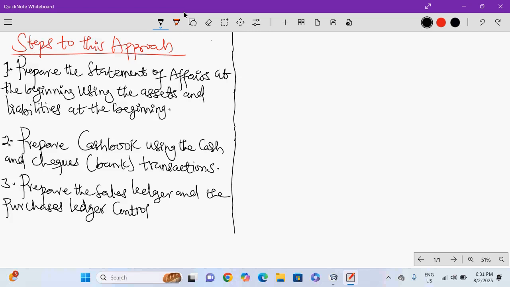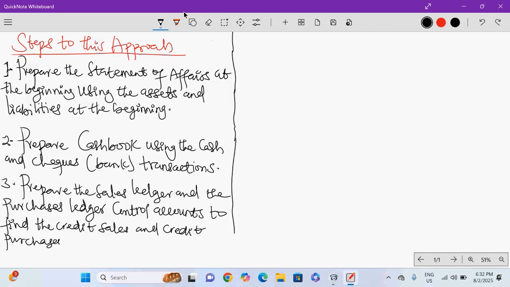We did control accounts in first semester, so you know your control account. This is to find the credit sales and credit purchases. So basically to find the sales and purchases, we are preparing the sales ledger and purchases ledger control accounts.